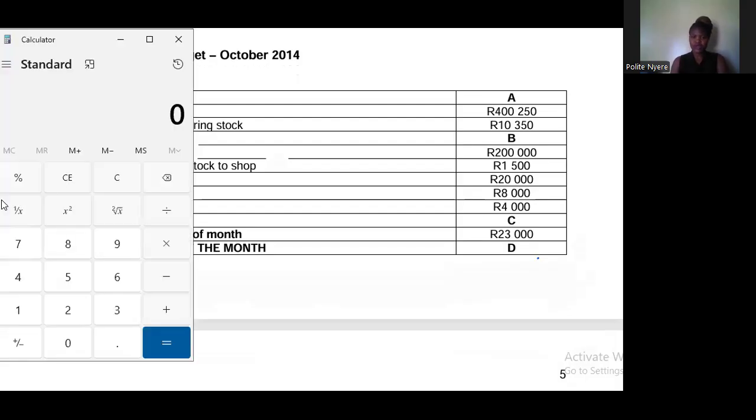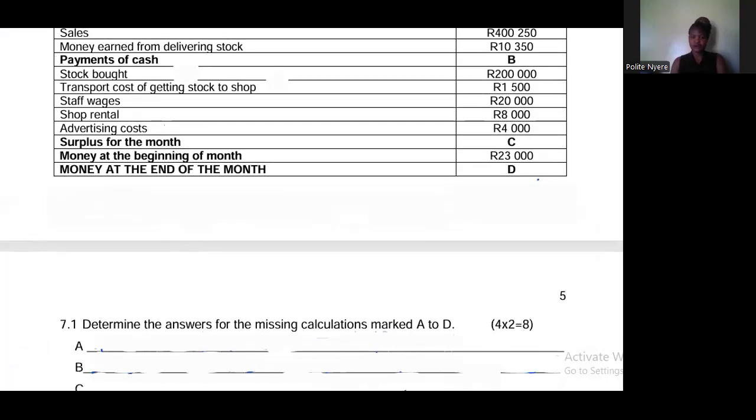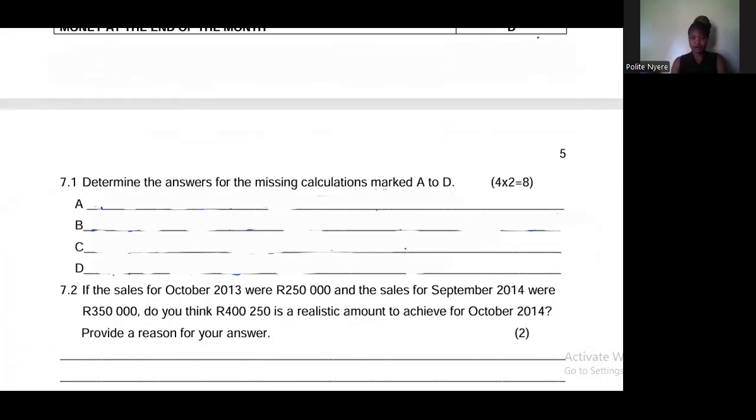So we are going to add 400,250 and 10,350. So we get our answer, 410,600.